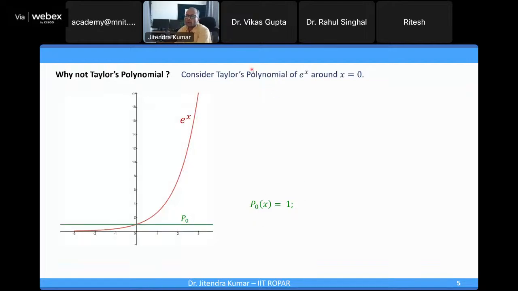If you look at the approximation, you have the exponential function given here with the red line, and its approximation, which is just the 0th order approximation, which is just 1, is given here in this green line.